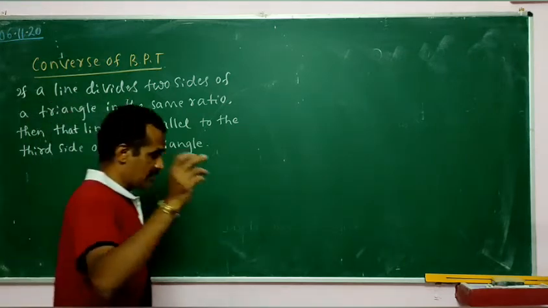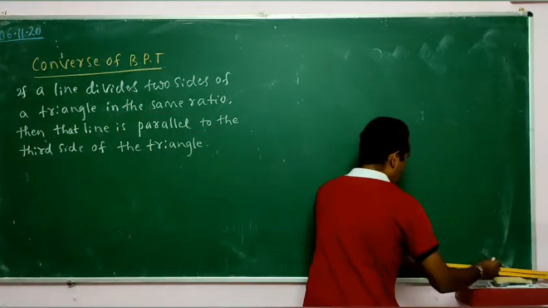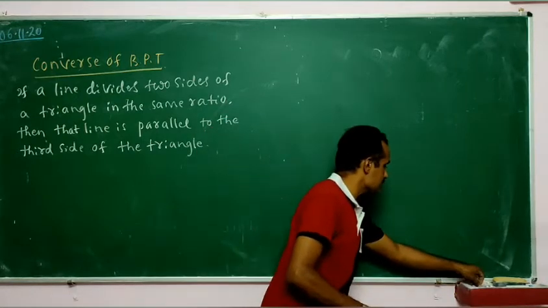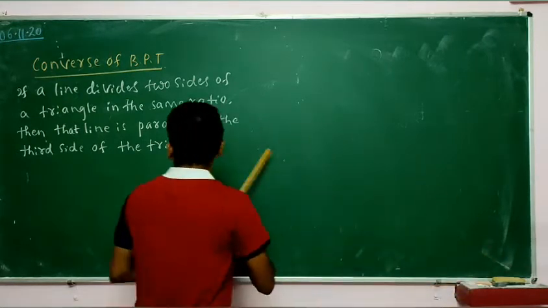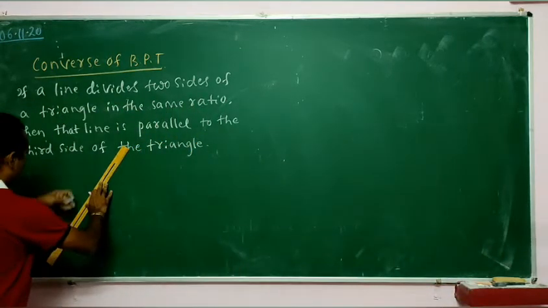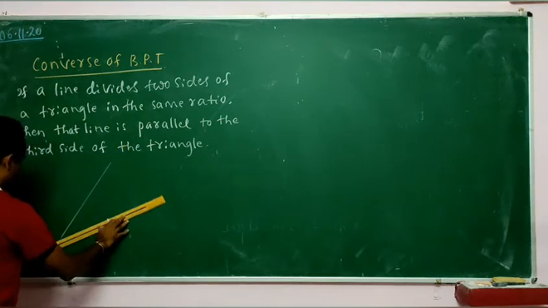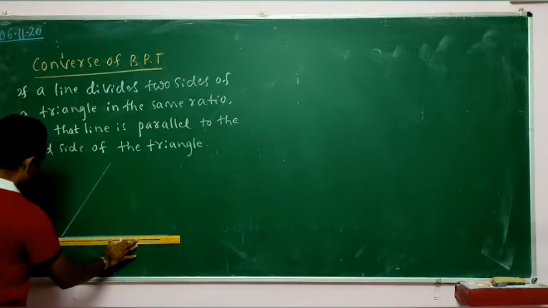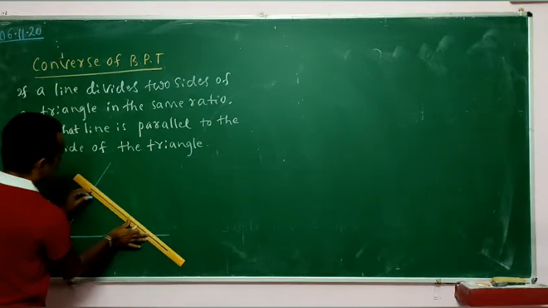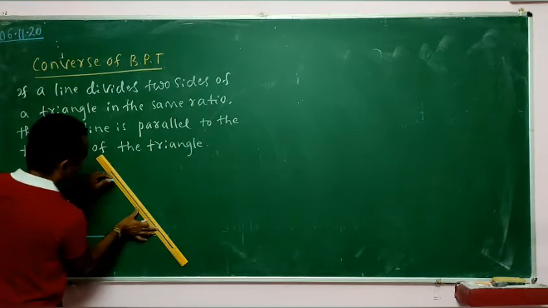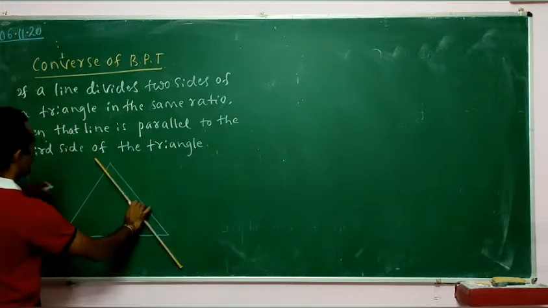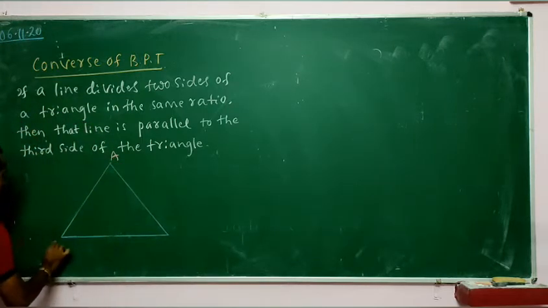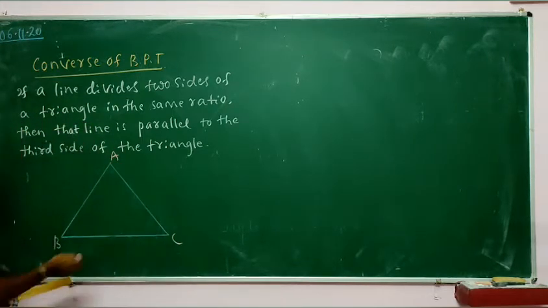See, let us first draw a figure and I will explain to you what is the meaning of this. Okay, a triangle is given. I will call that triangle ABC.